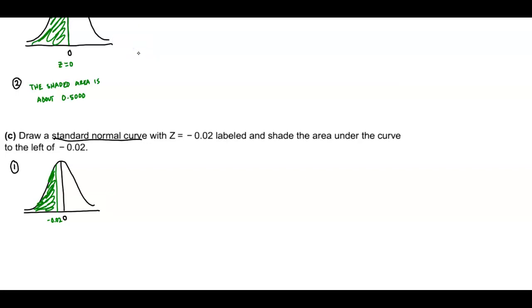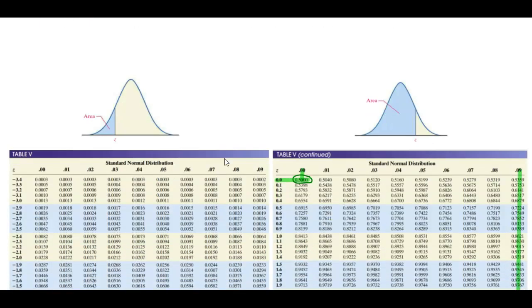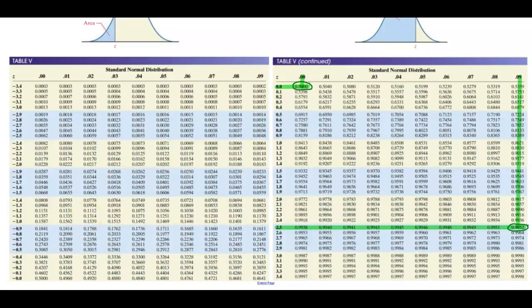So let's go ahead and look for that. We're looking for negative 0.02. So here is negative 0.0, and there is 0.02.